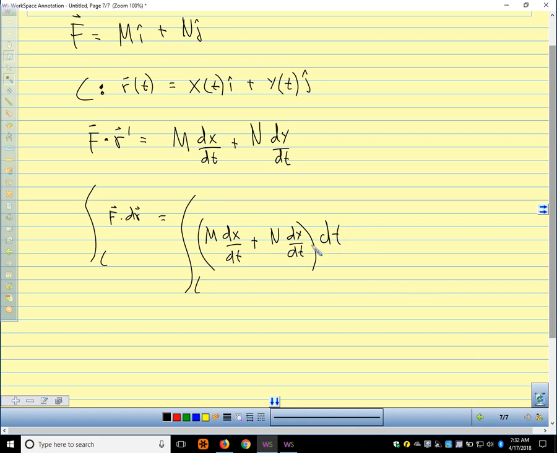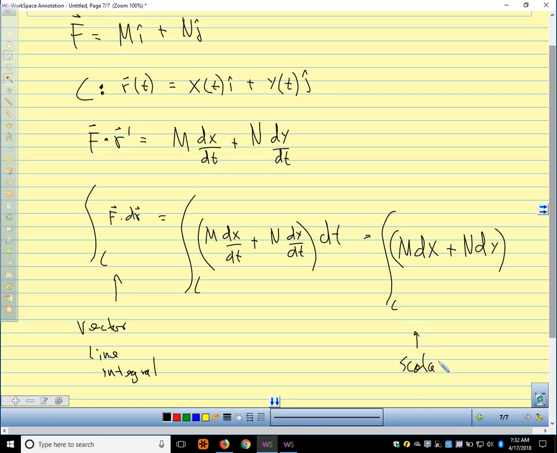And these dt's cancel, and we can write that as the integral over our curve of m dx plus n dy. And this gives us our relationship between the vector line integral and a scalar line integral.